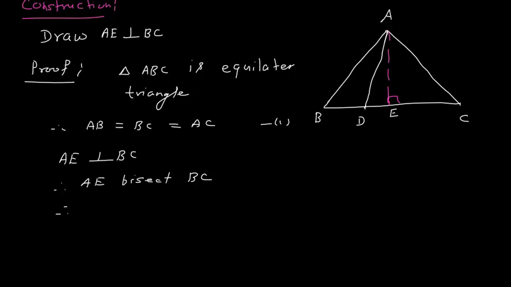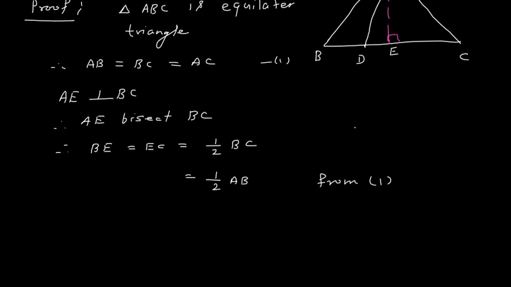Therefore, here BE is equal to EC is equal to half of BC, which is equal to half of AB, because AB is equal to BC. This I can write from 1.